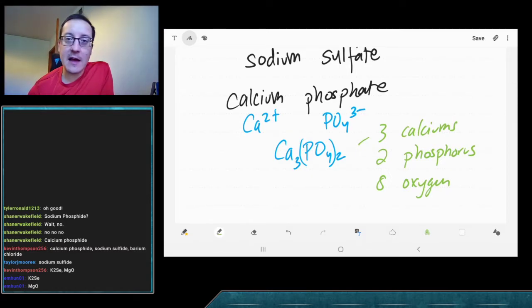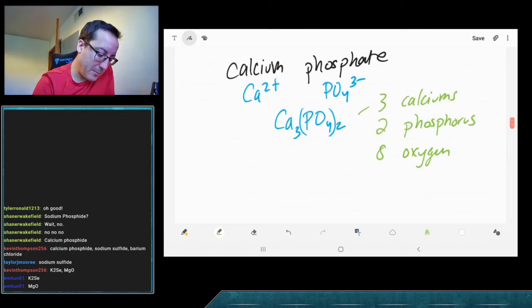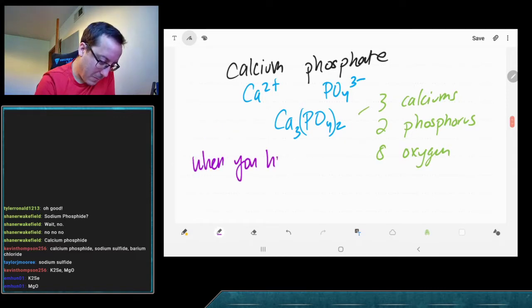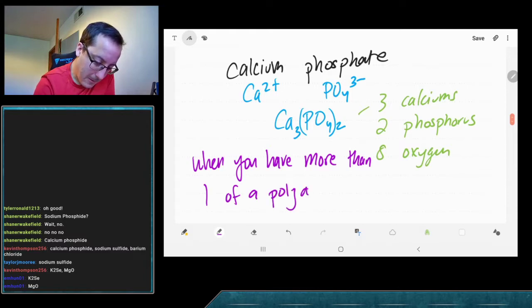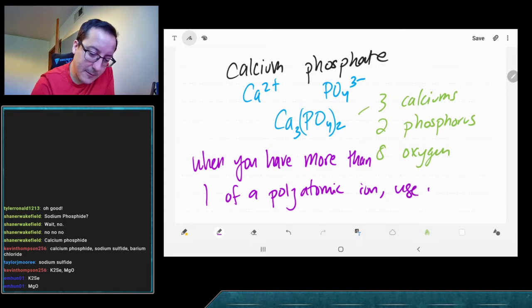Okay, so that's how we would interpret this. So anytime you have multiple polyatomic ions, we're going to use parentheses.